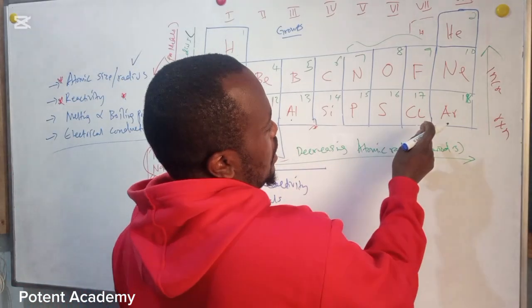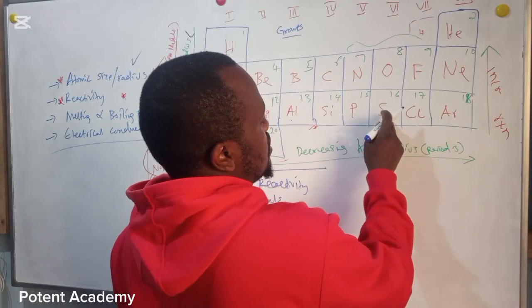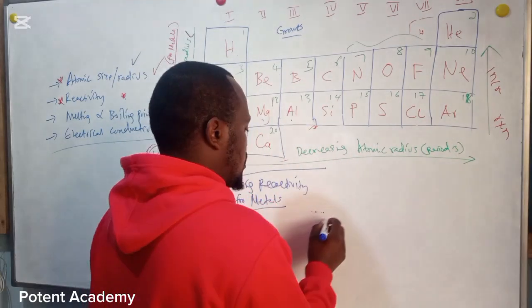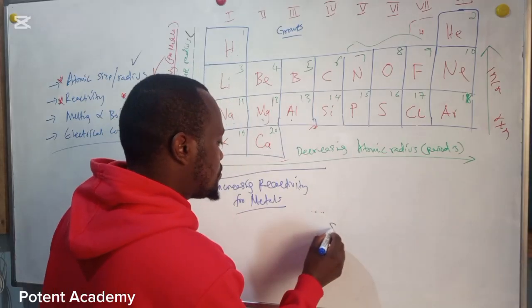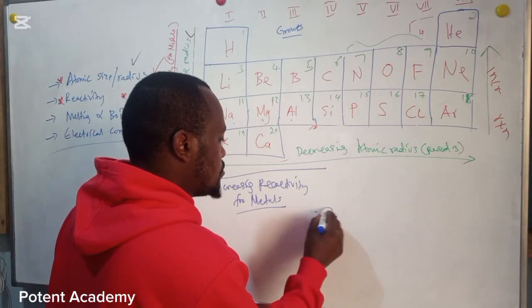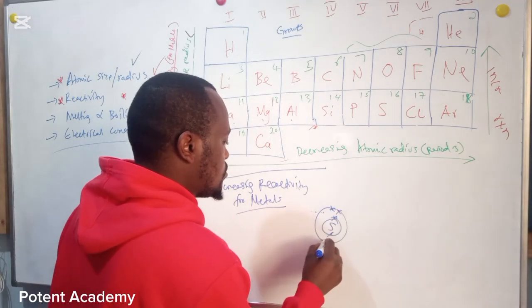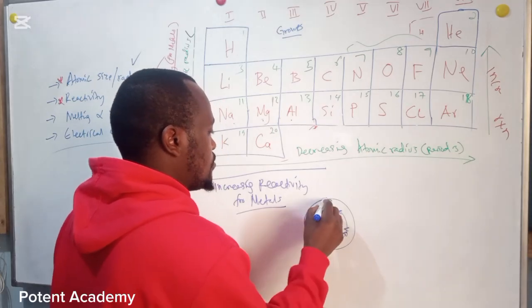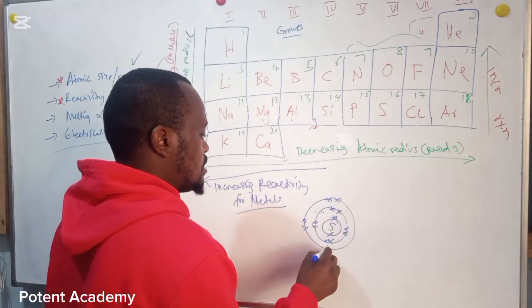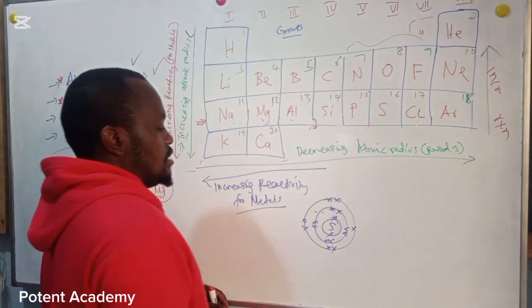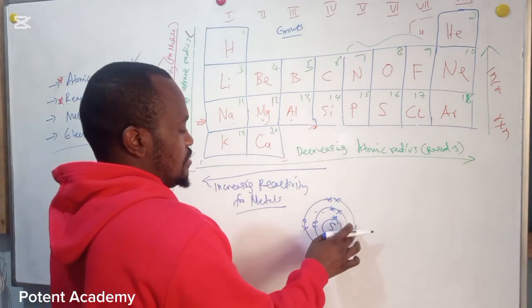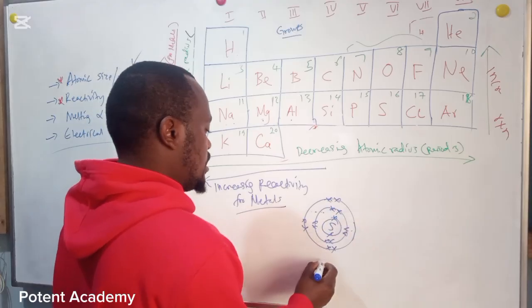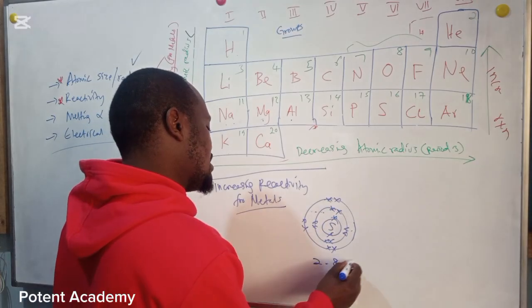Let's compare chlorine and sulfur. So chlorine or sulfur, we will draw sulfur as 2. This is sulfur, and the electronic arrangement is 2, 8, 6.